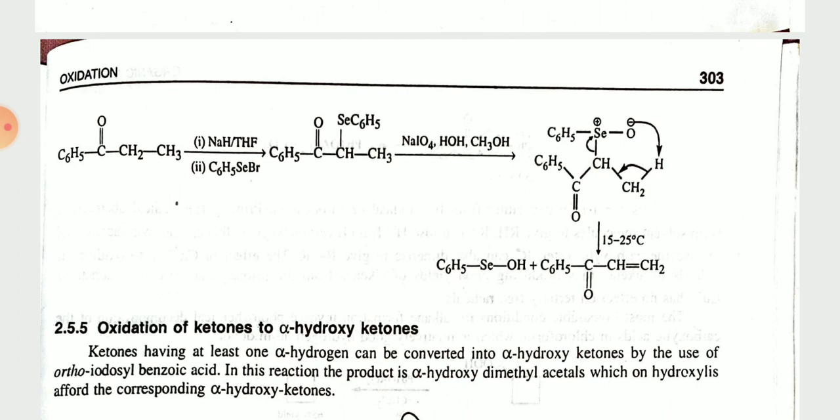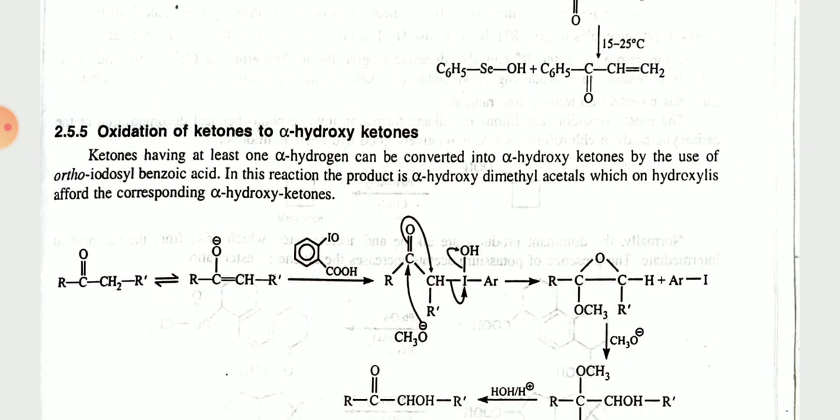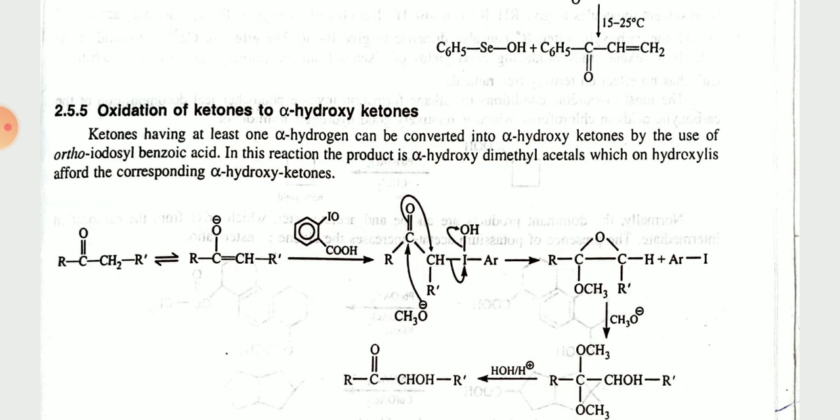Okay, now the oxidation to alpha hydroxy ketones: a ketone having at least one alpha hydrogen can be converted into the alpha hydroxy ketone by using orthoiodoxybenzoic acid.